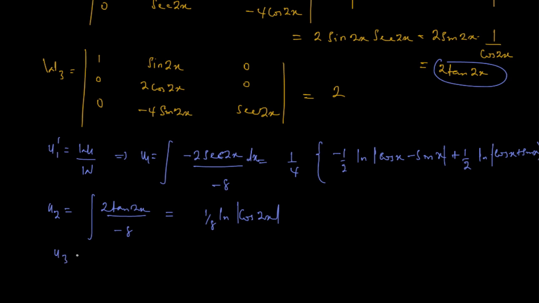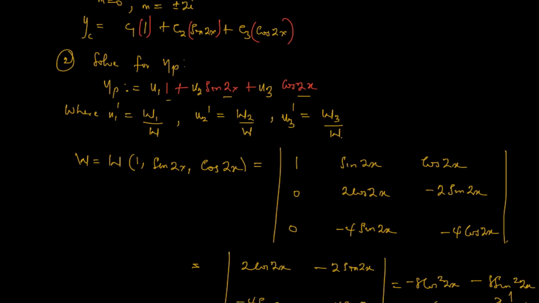And then lastly, u3, which is equal to the integral of w3 all over w. That's 2 all over, so there should be a dx here, 2 all over 8 dx. And then this gives us, so minus 8, this gives us minus 1 all over 4, 1 over 4x. So now we have gotten u1, u2, and u3.